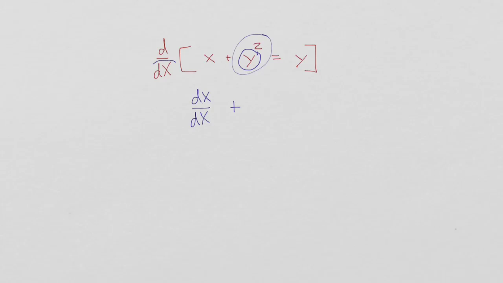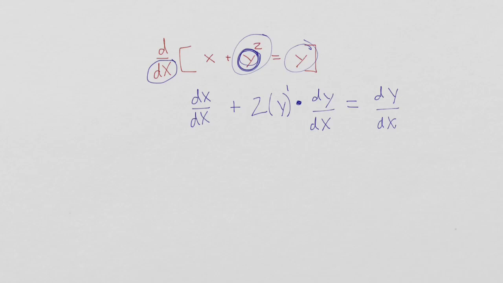It's speaking a different language than the variable that we are trying to pay homage to. So we're going to have to use a chain rule. We're going to apply the chain rule and take the derivative of the outside, evaluate it at the inside, times the derivative of what's inside, and the derivative of y with respect to x is dy over dx. And this whole thing equals the derivative of y with respect to x, which is dy over dx.